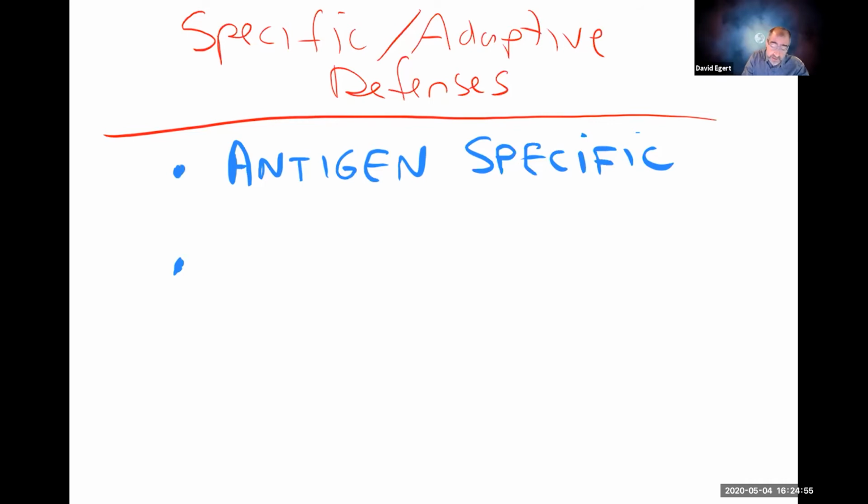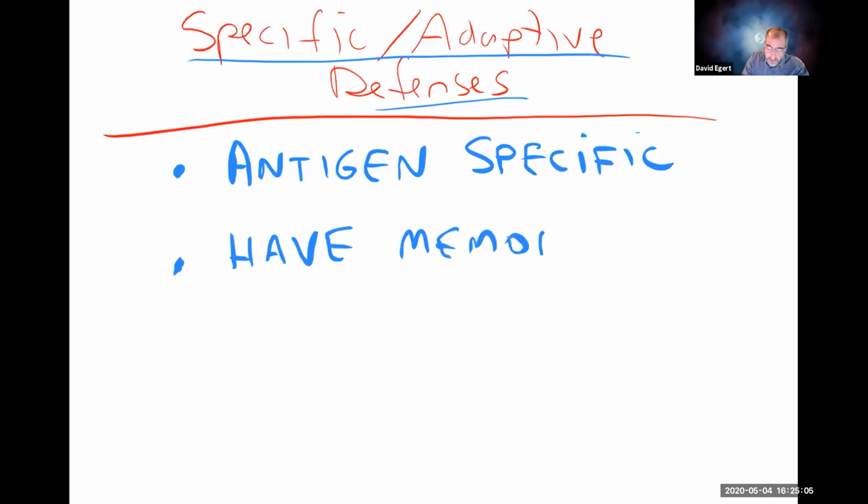Another thing that is a hallmark of the specific or adaptive defenses is they have memory. Once you have been exposed to something once, it takes a little while for your body to have a response, which is why you get sick and then you get better. But then you have memory of that.